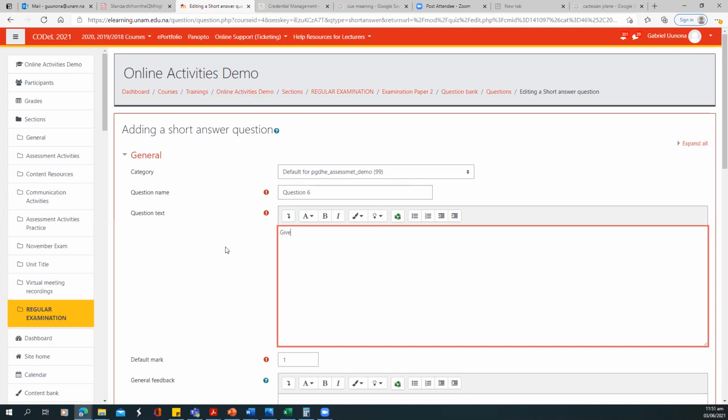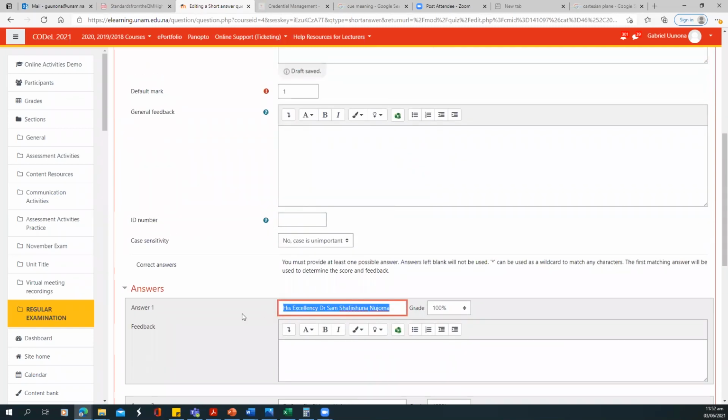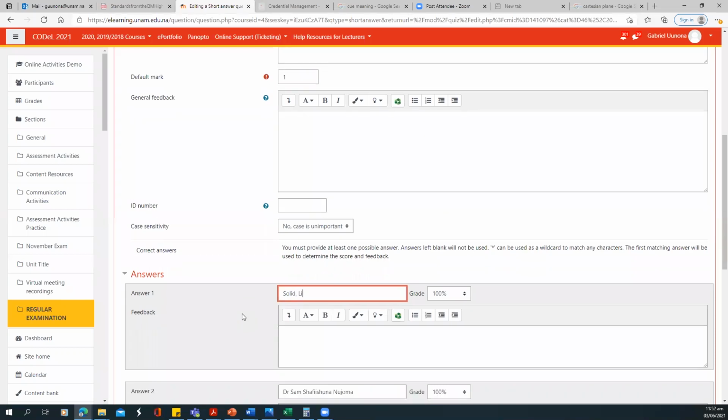Let me give you another scenario. Maybe it's not a universal question, but I'll use it. Three states of matter: solid, liquid, gas.